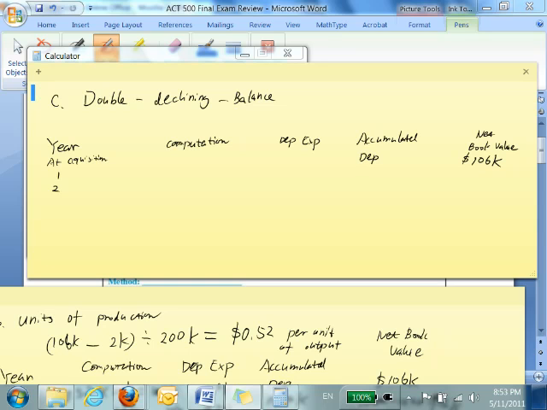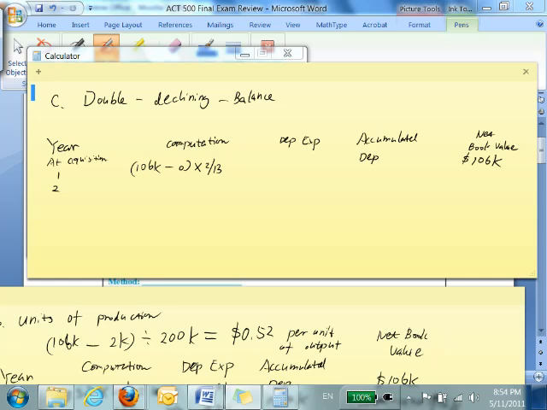In year one, it is 106,000 subtracted by 0, multiplied by 2/13. Why 2/13?